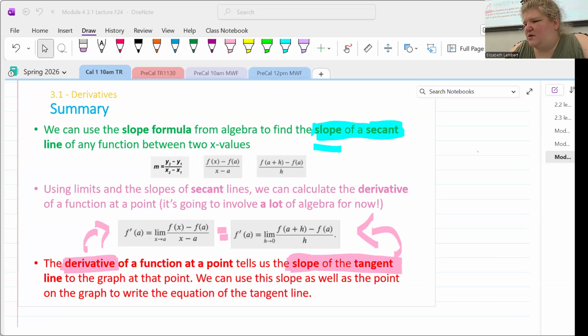Then limits at infinity. One of them will be a rational function, so you've just got to remember how those limits at infinity for rational functions work. And then there's also going to be a weirder function.